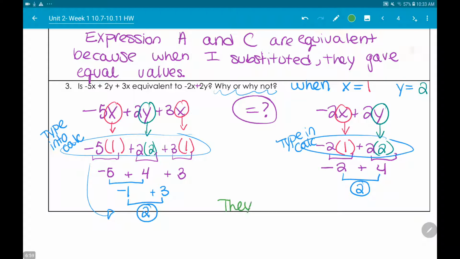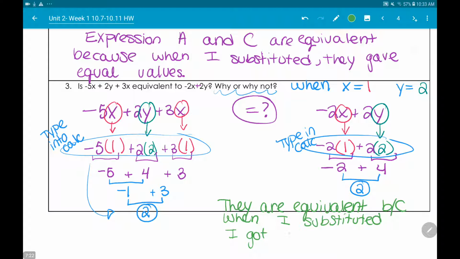So they are equivalent because when I substituted, I got equal values.